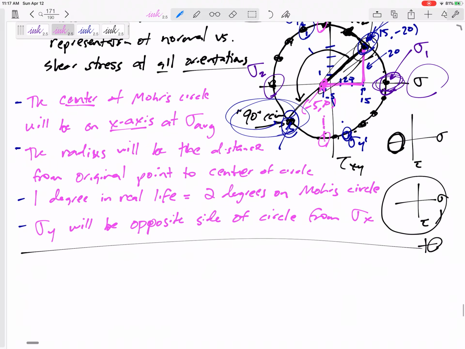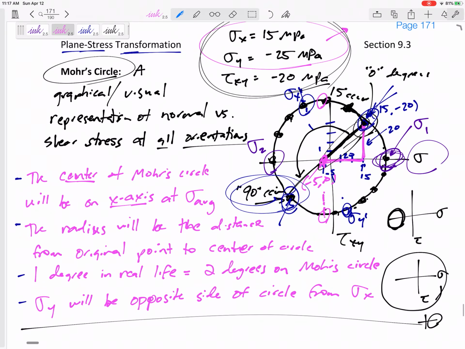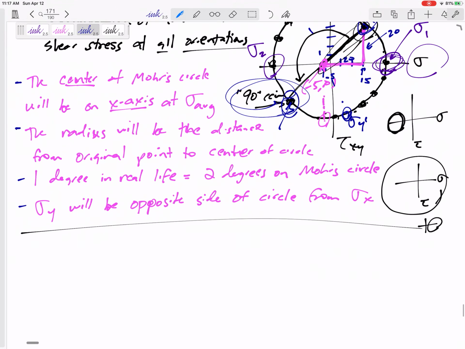Okay, all right, so let me give you some steps that I like to do when I'm drawing my Mohr circle. Okay, so we're going to take this page and bleed on to the next page. And let me tell you, why are we drawing this?